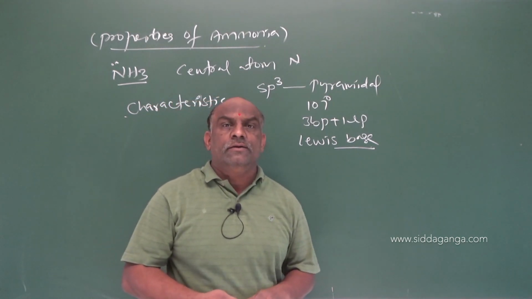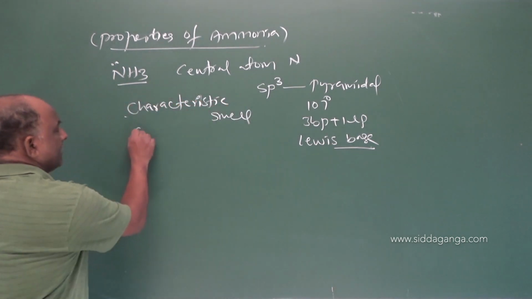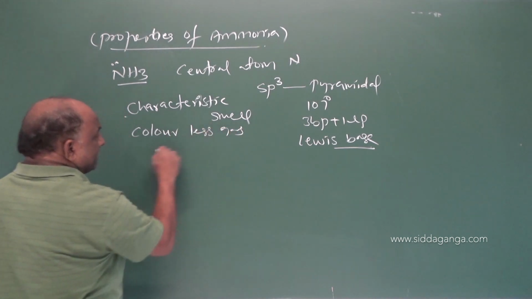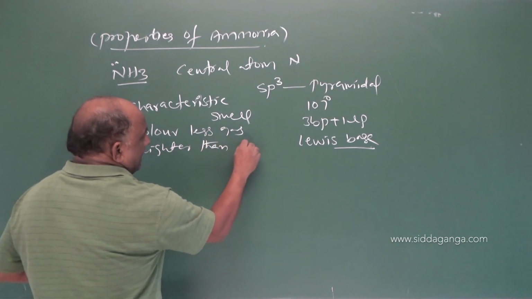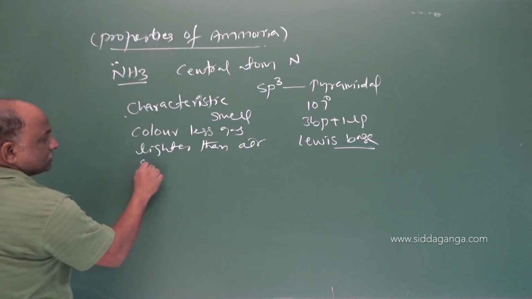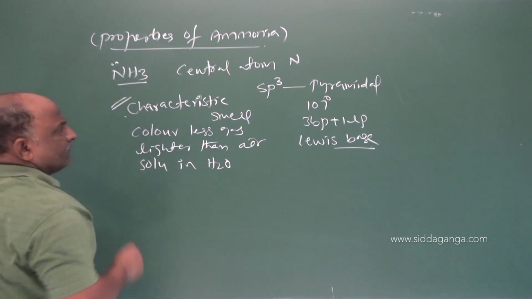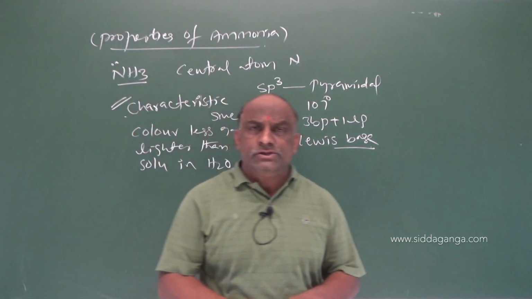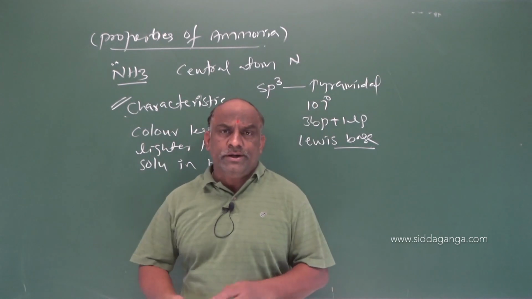So the smell of ammonia is a pungent smell, and it is a colorless gas, lighter than air, and soluble in water. So these are the 4 properties which belong to ammonia. These are considered as physical properties.